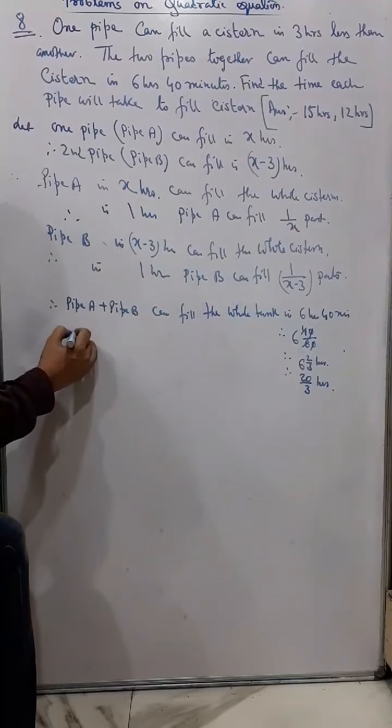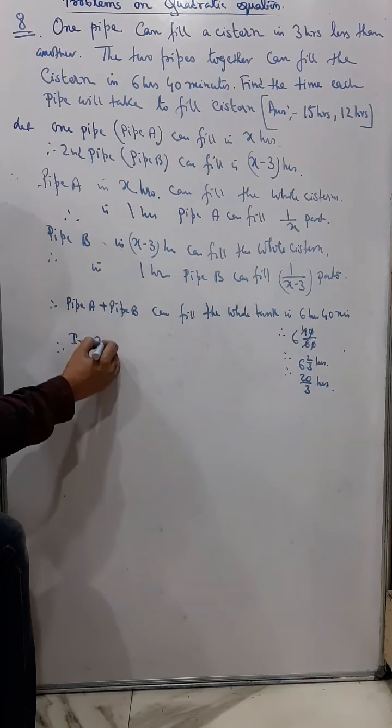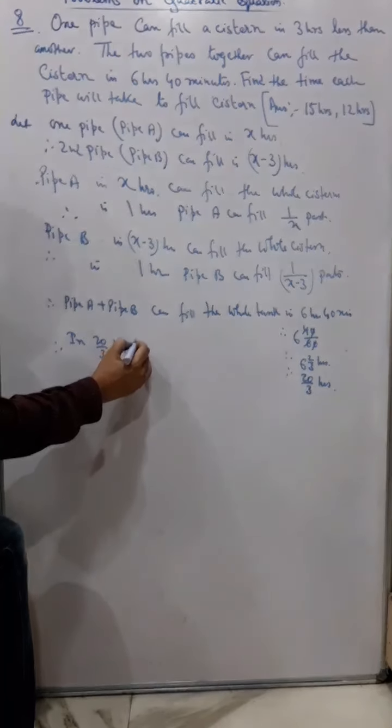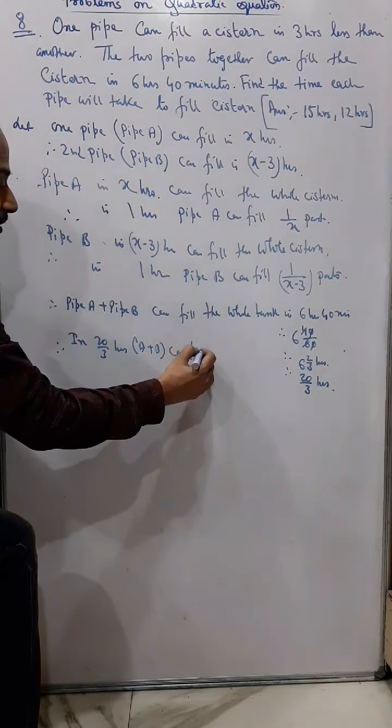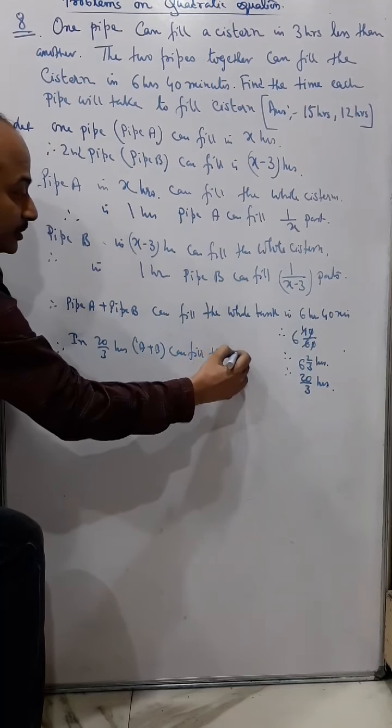Therefore, in 20 by 3 hours, A plus B can fill the whole tank.